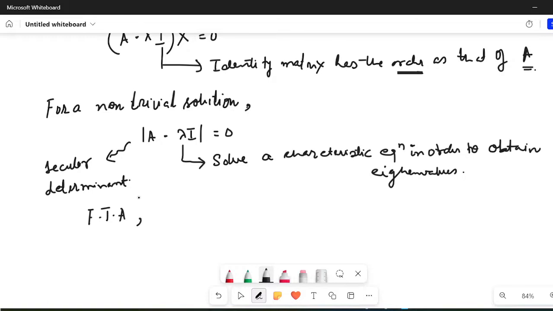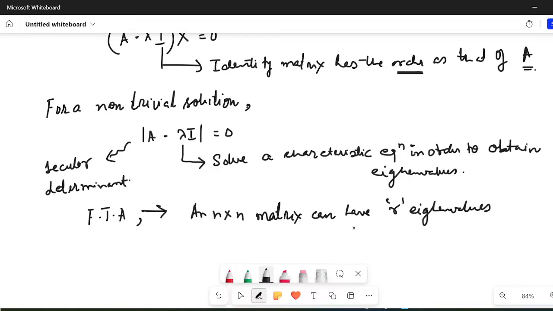So what does it imply? From the fundamental theorem of algebra, it implies that an n cross n matrix can have r eigenvalues in general. And what can be the maximum value of this r? The maximum value can be n, and the minimum can be 0.